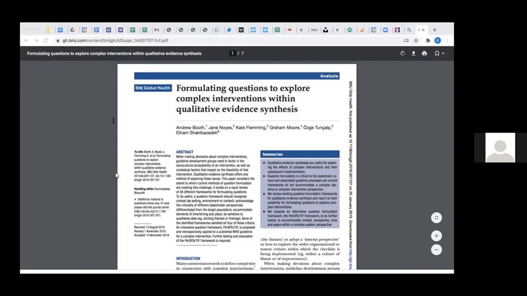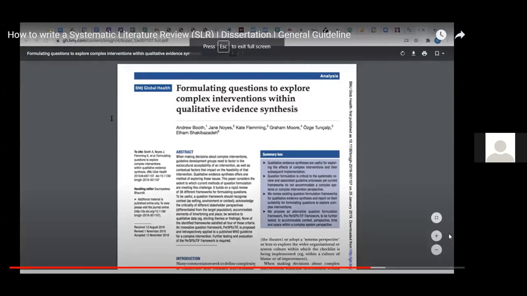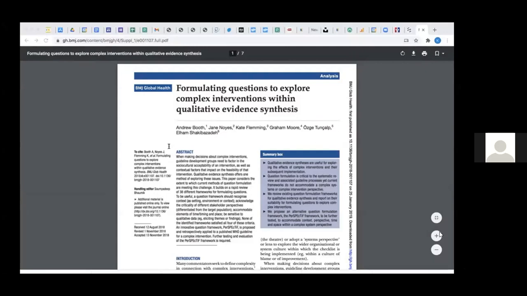So this is your step number one. This is your step number two. The writer has to write a systematic literature review in the following steps. Have a topic approved by university tutor and proposal forms completed.